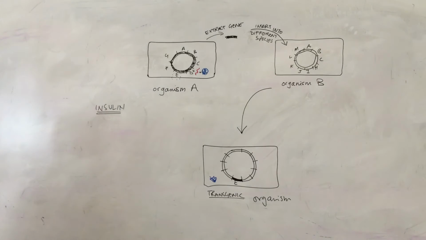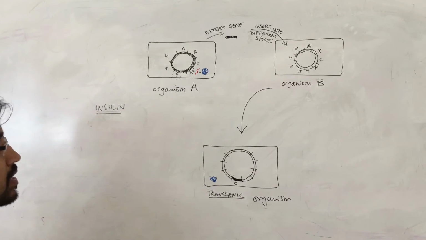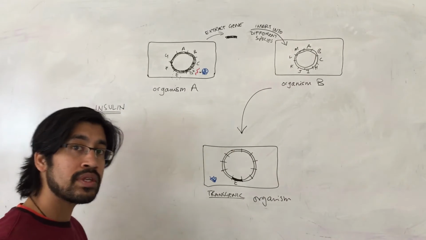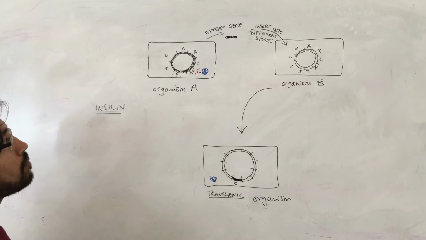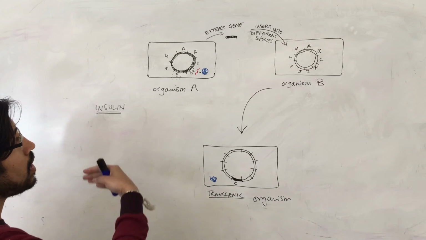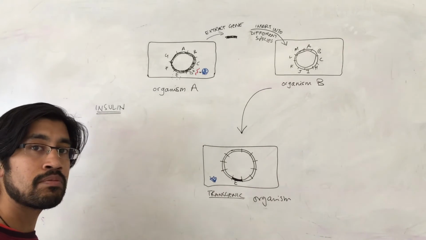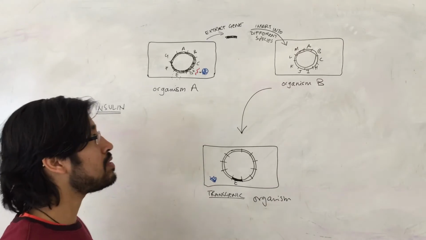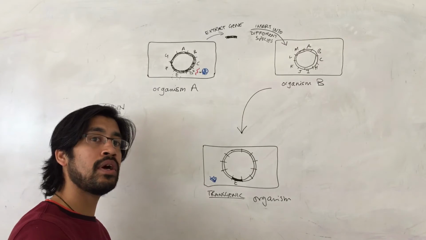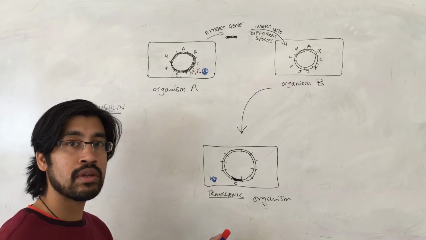So our first example is that of insulin. Okay, so there are disadvantages with having to extract insulin from animal sources, so you should know those. But because of those disadvantages, you could genetically engineer organisms that don't normally produce insulin to be able to produce insulin and therefore get an alternative to extracting insulin from animals.